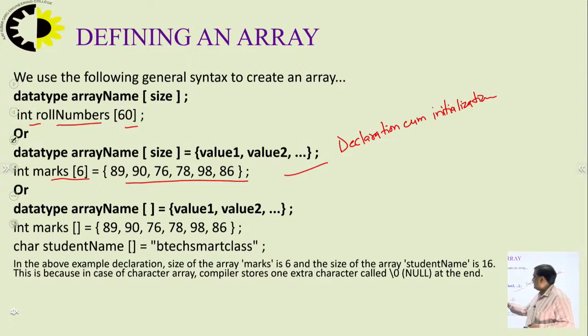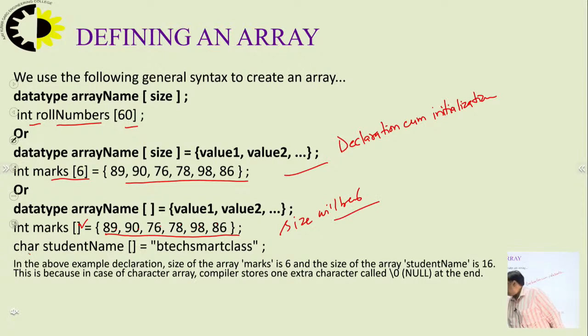So declaration and initialization both we are doing in this situation. If we skip the size, then the number of values which we supplied will decide the size of the array. So in this example 1, 2, 3, 4, 5, 6, the size will be 6.